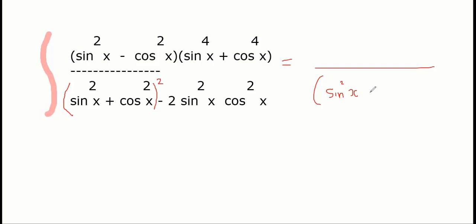Can I write this sin square x plus cos square as what? (Sin square x plus cos square x) whole square. (A plus b) whole square, a minus b. Yes. This will also become like this: (sin square x minus cos square x) whole square.